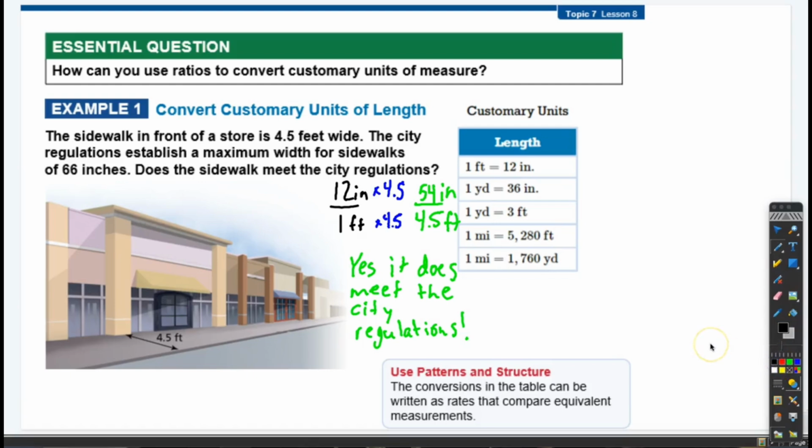So I learned a little cool method a couple years back from some cool people. It's called the bat and ball method. So you write your rate.